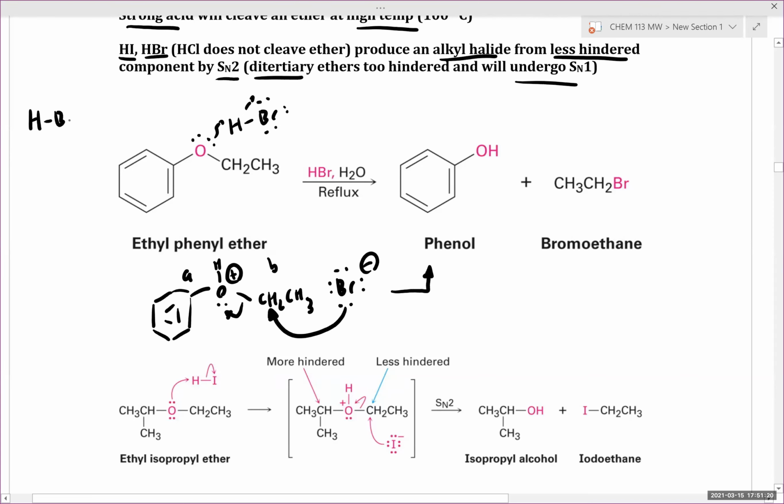So when we think about viable acids for this reaction, would anyone like to comment, why is hydrochloric acid not preferred? Why is hydrochloric acid not used for this reaction? And think about the second step really carefully.